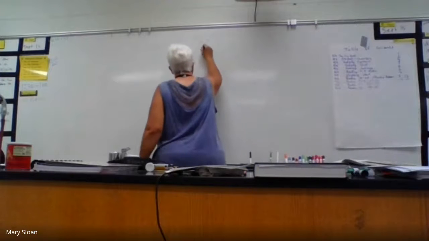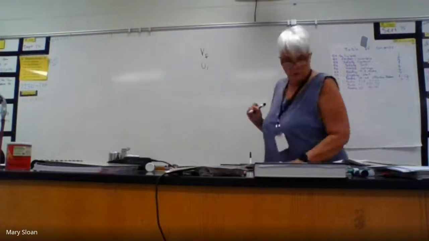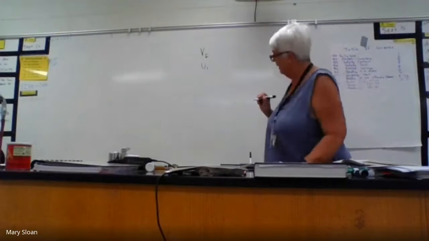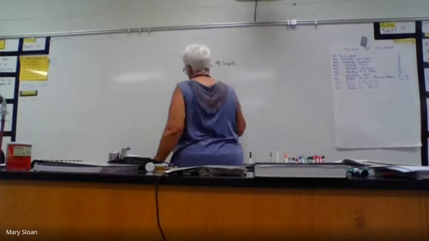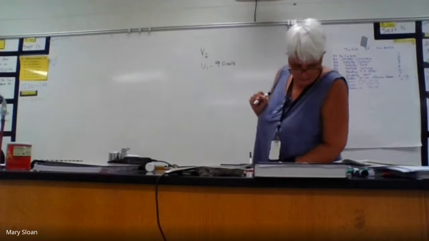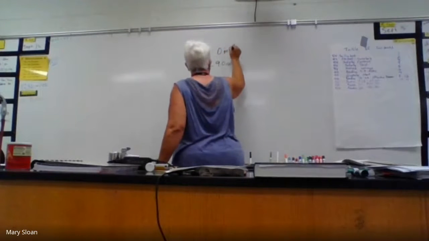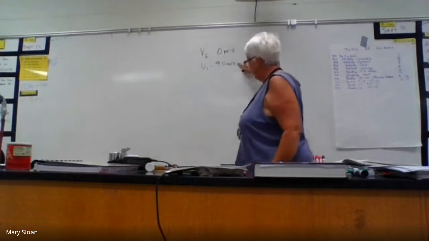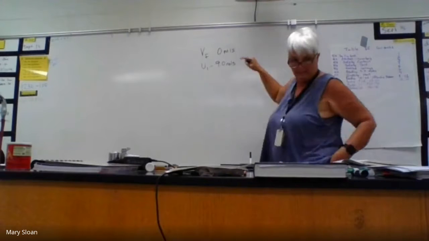So my velocity final and velocity initial. My velocity initial is 9.0 meters per second, and my velocity final is 0 meters per second, because it was going at 9 meters per second and it came to a stop, so its velocity final is 0 meters per second.